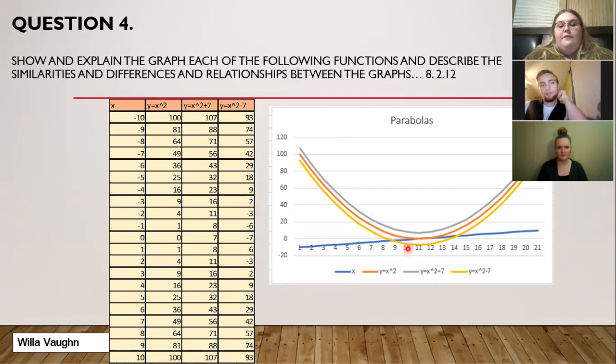You would find +10, and then you would find the y value, and then you would go up kind of like the slope, the rise over run. You would find your x-axis, you would go up, find your y-axis, and then you would plot the point.